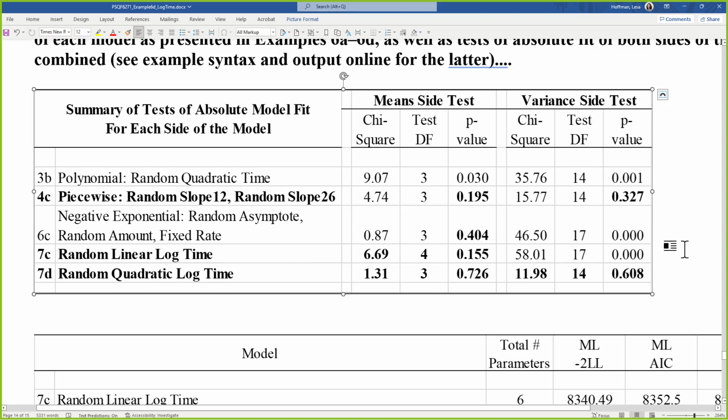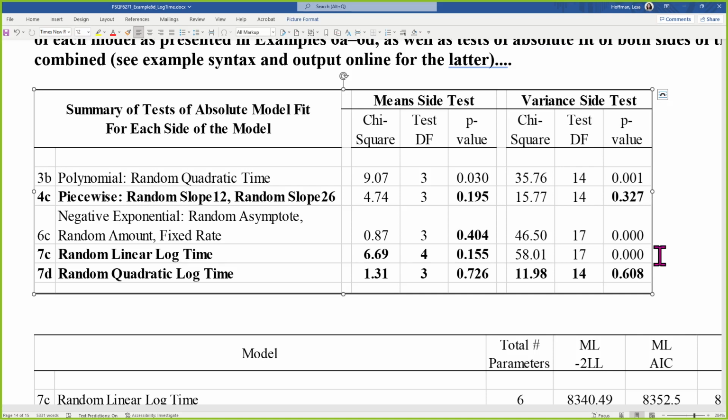So to me, it looks like the common denominator of what works and what doesn't with respect to the variance side is that the models that say that people differ from each other in 3 ways are all okay, except for the first one here. So this one and this one. The models that say people differ from each other in only 2 ways are not okay.